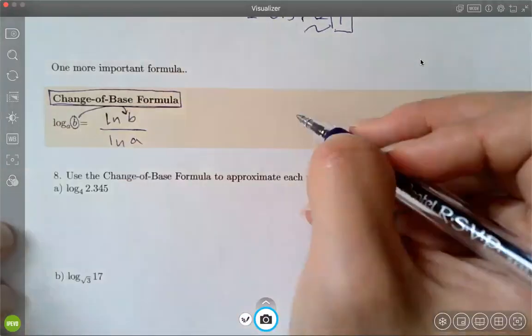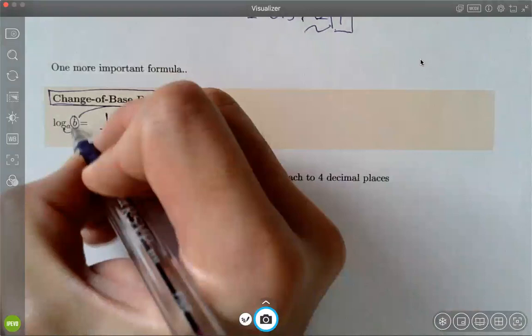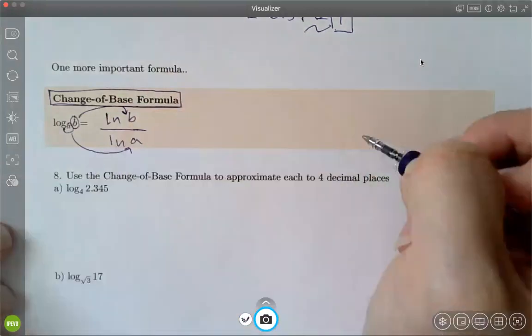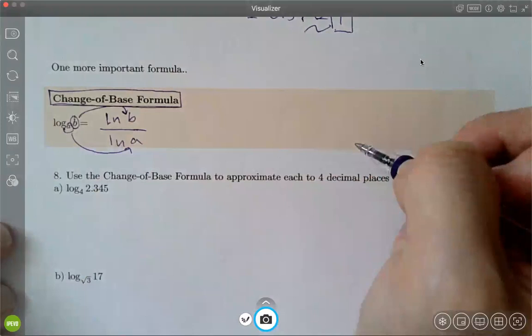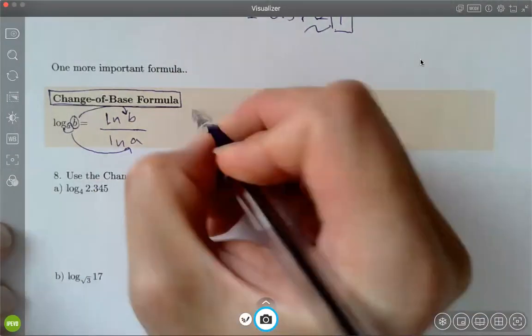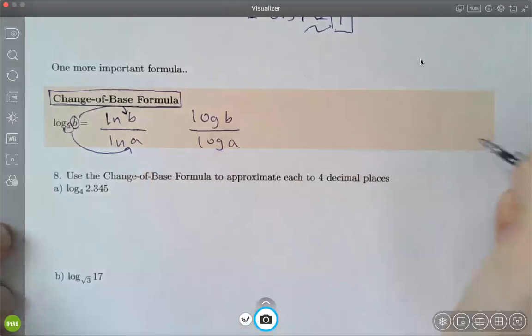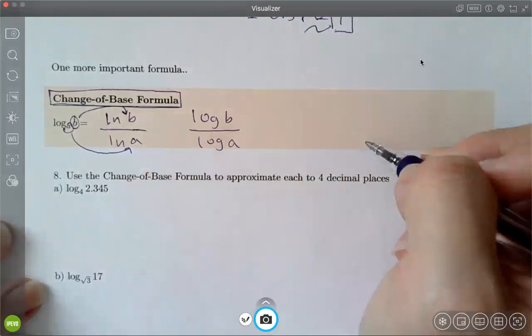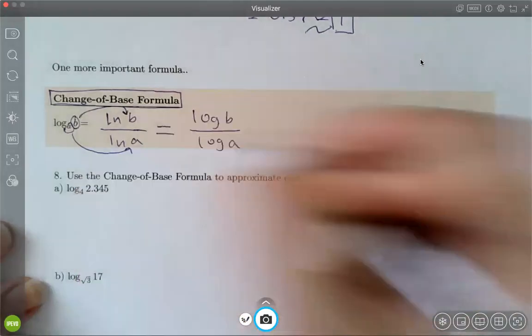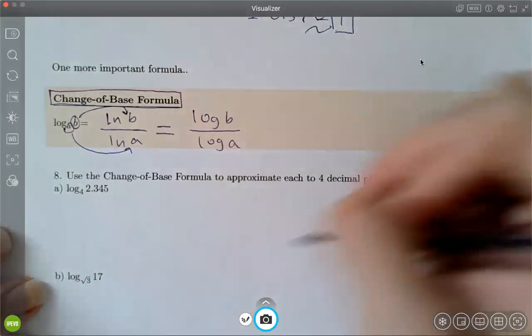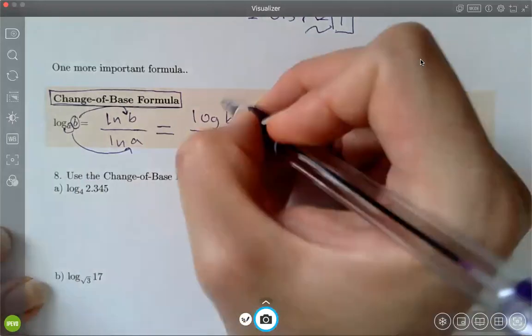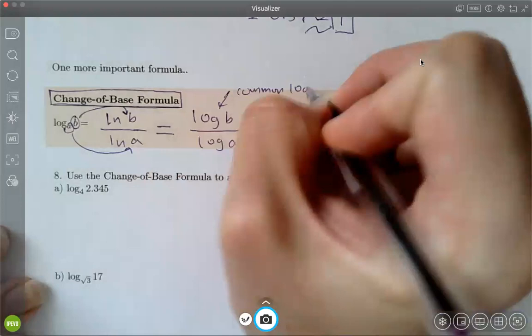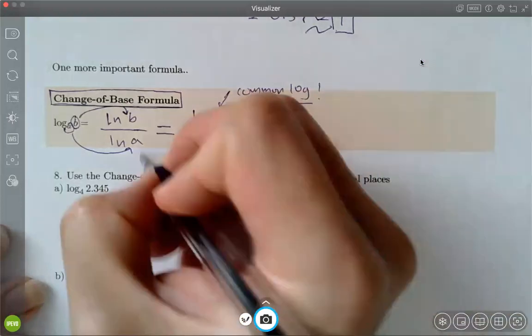And then the smaller font A goes to the denominator. So ln B over ln A. Now, can we have the common logs, log B and log A? And are these two fractions equal? They don't seem equal to each other, but surprisingly, they will be the same. And you'll see why once we do these problems. So here we have the common logs, and then here we have the natural logs.